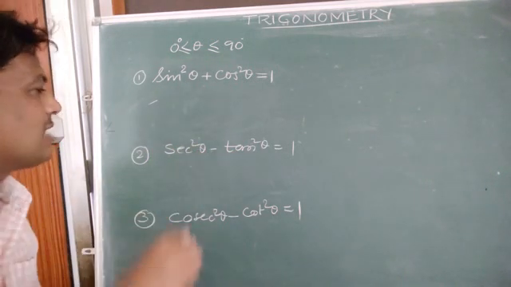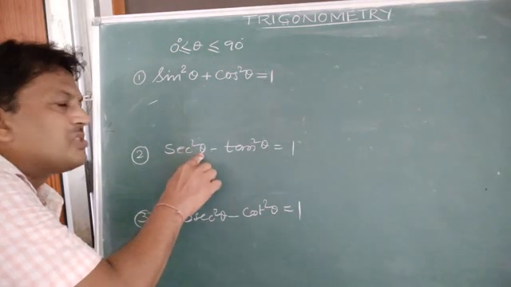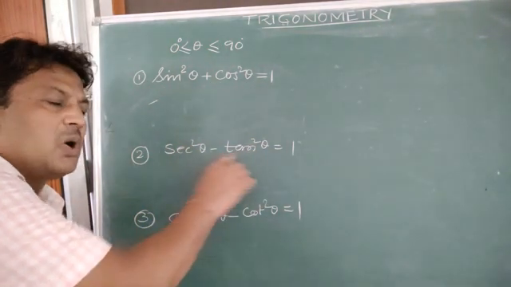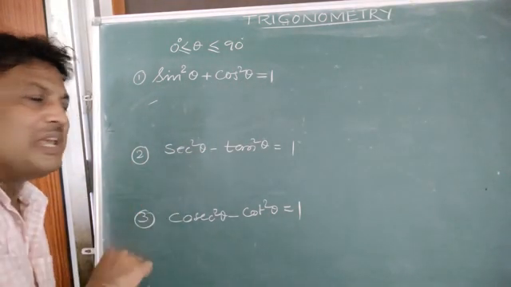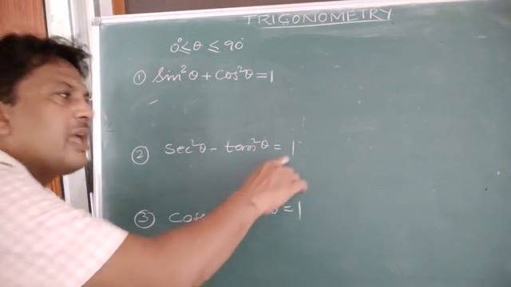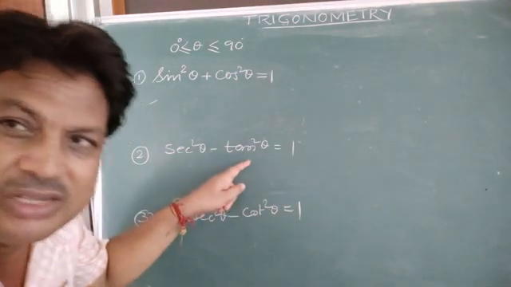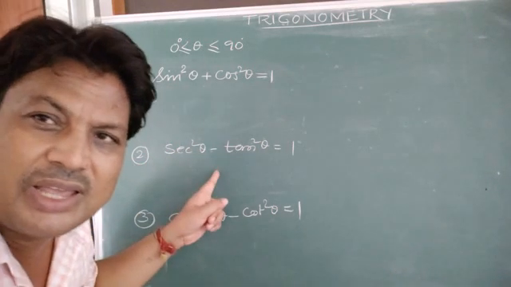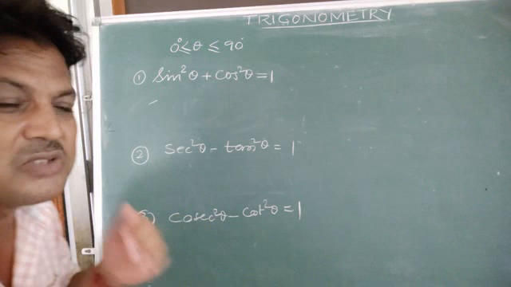Second, similarly here also, if in place of theta you take sec square 0 minus tan square 0, after putting the value you will get 1. Suppose you put 90, sec square 90 degree minus tan square 90 degree, again you will get 1. Similarly, sec square 30 minus tan square 30 degree, sec square 45 degree minus tan square 45 degree, sec square 60 degree minus tan square 60 degree.